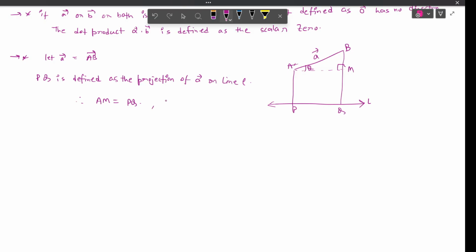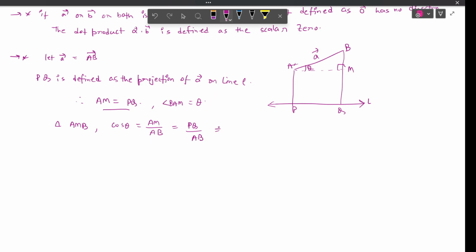Then angle BAM would be theta. So from this triangle AMB, we can say that cos theta is equal to base by hypotenuse, that is AM by AB, or AM is equal to PQ, so it would be PQ by AB.